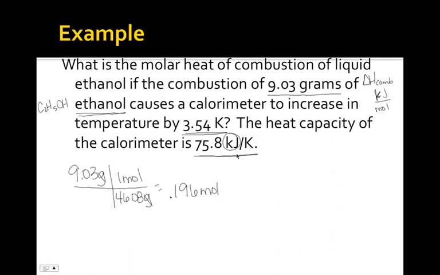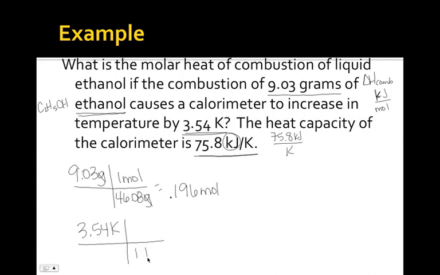Now the other part of my unit is the kilojoules, so I'm going to use this information right here to find my kilojoules. Starting with my 3.54 Kelvin, and using this as a conversion factor, just to rewrite it, just to show you what it looks like, 75.8 kilojoules per Kelvin, which is actually quite a bit. That's pretty good.